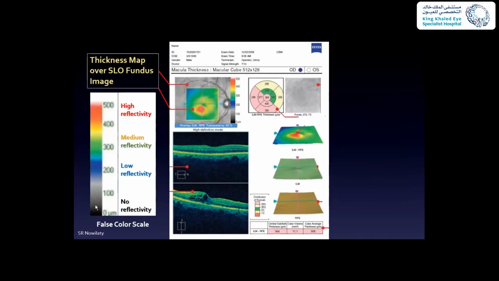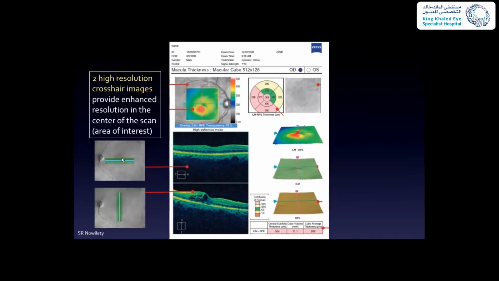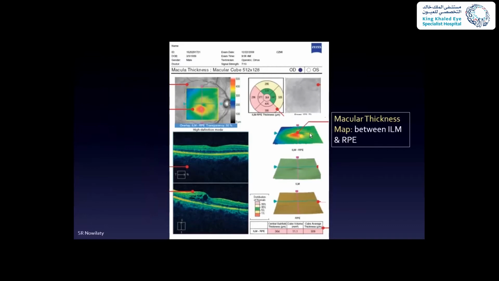If it's really dark, then you basically have no data, such as the vitreous, for instance. Then it's going to give you the high resolution line scan, both the horizontal and the vertical. And it's also going to give you the thickness maps between the ILM and the RPE, that is just the retina, if you want.